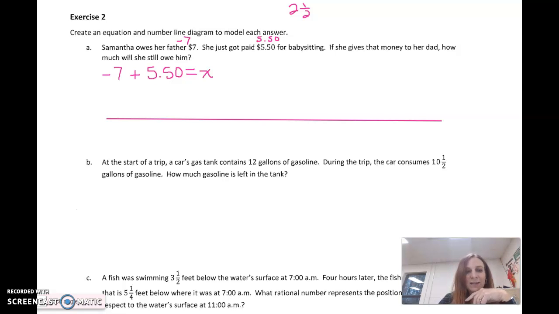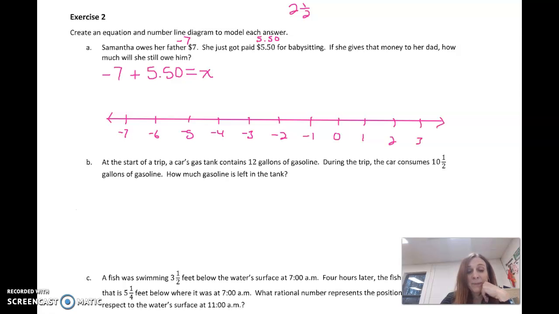So if I'm starting at negative 7 and I'm going to the right, I'm going to make sure I change off my drawing here. I'm going to start at negative 7, and then I'm going to go to negative 6, negative 5, just sketch it, negative 4, negative 3, negative 2, negative 1, 0. I don't know how far we need to go, but this looks like it should be good, right?